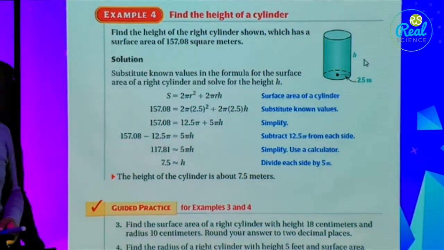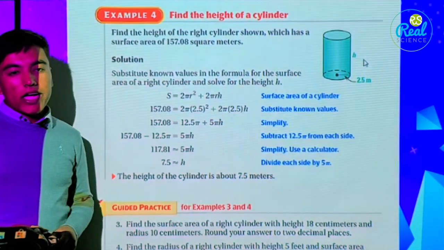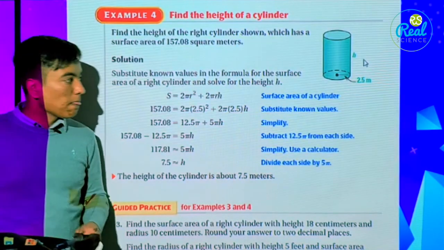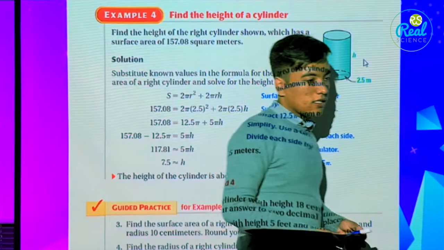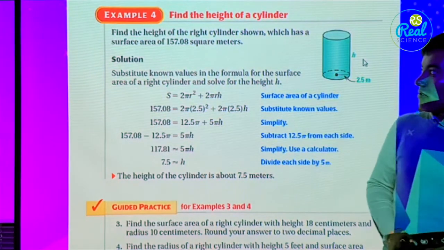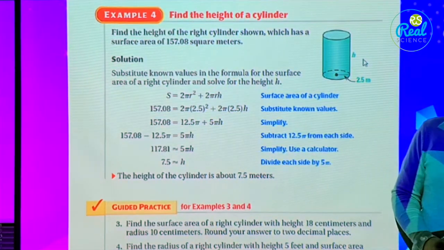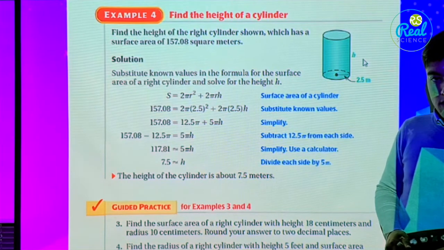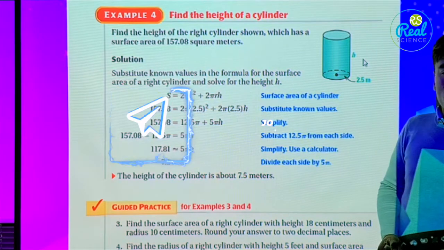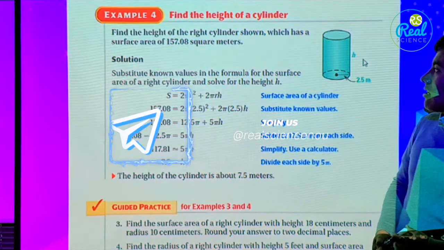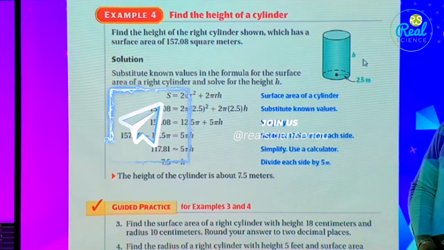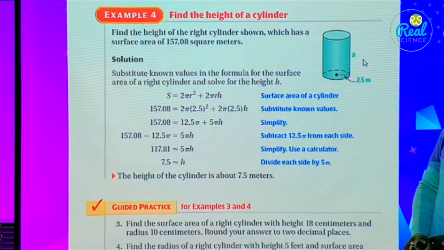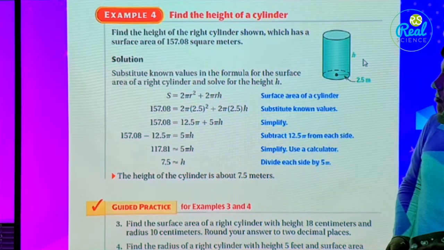Another example, finding the height of a cylinder. To find this, first of all, we can use what is provided here. Let's clarify what's provided. Find the height of the right cylinder shown, which has a surface area of 157.08 square meters.